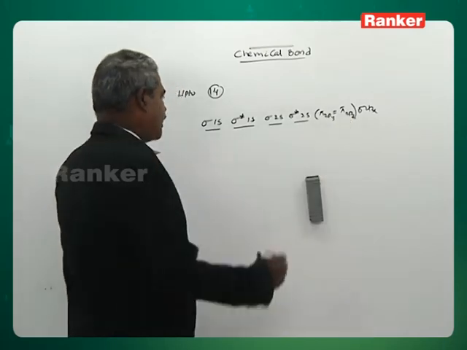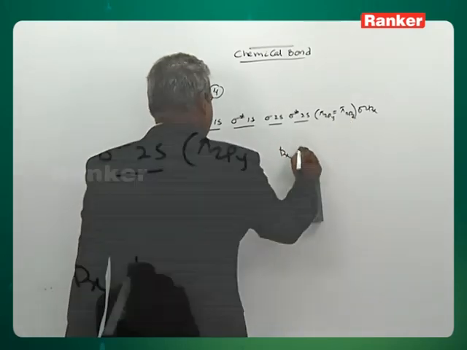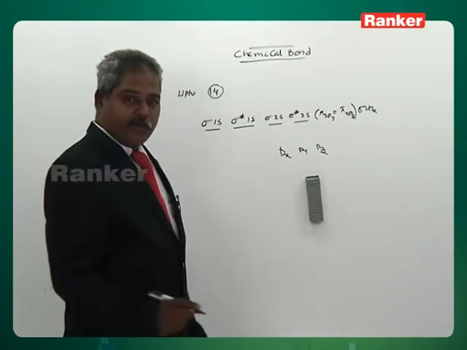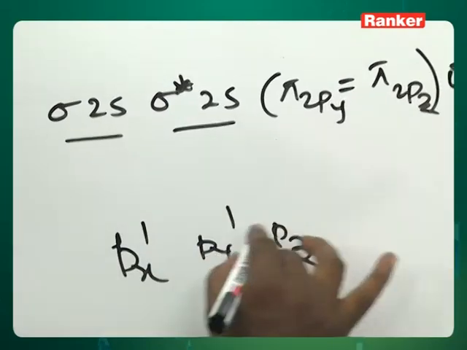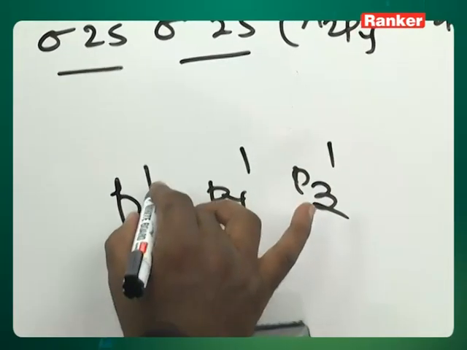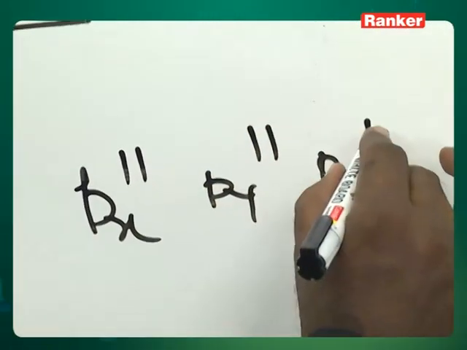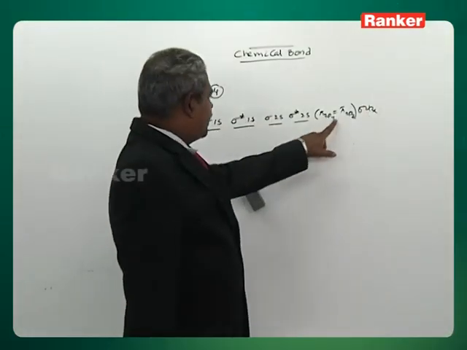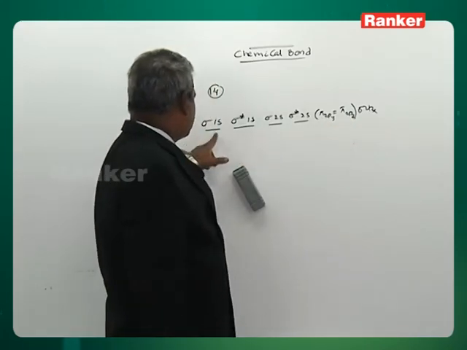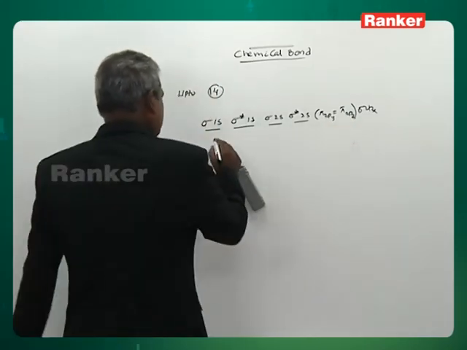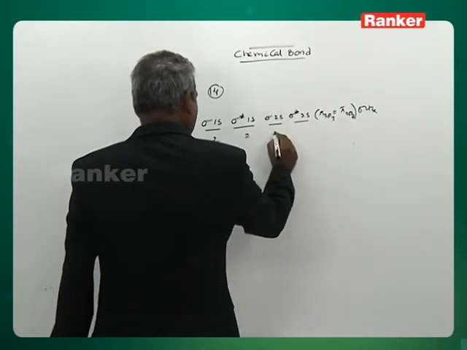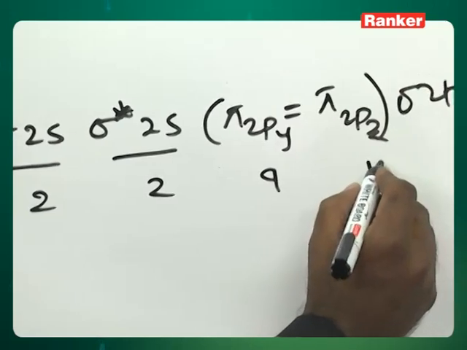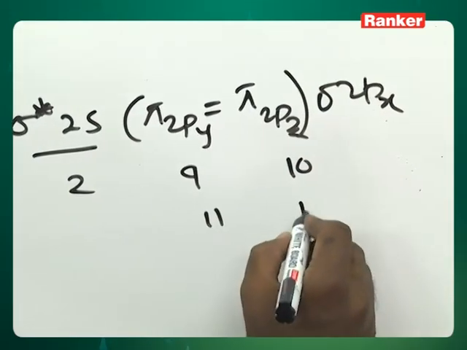Just like you remember well, among px, py, pz, Hund's rule for atomic orbitals is px1, py1, pz1, then pairing px2, py2, pz2. Similarly, the 9th electron goes here, the 10th goes here, the 11th here, the 12th here.